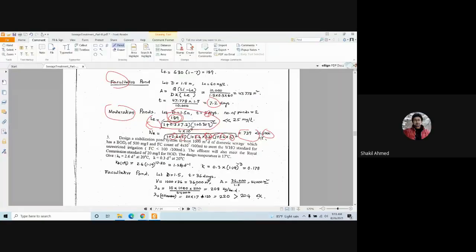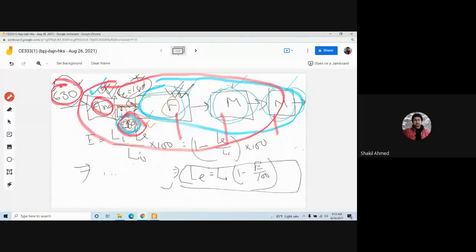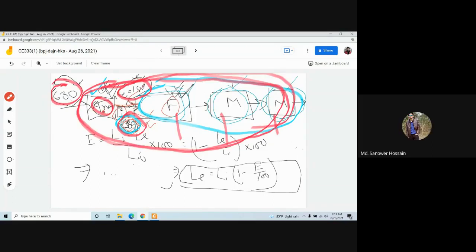If I had taken 4 ponds here, then what would be our Li? Sir, then it would be 630 plus 189, right? 189. Why? Because 189 is a later stage. If you take this system, just think simply. If this is the system, what is your Li? 630.